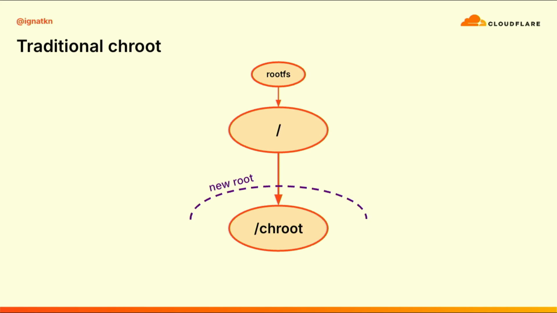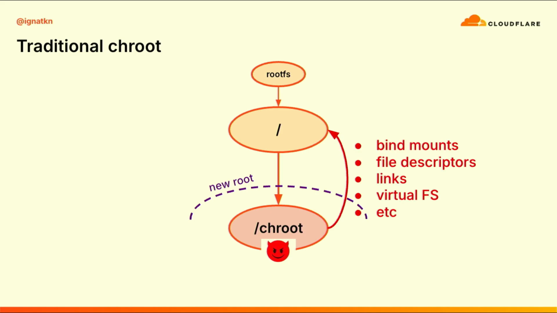If your application is running in this chroot environment, it has limited access to the file system. So if the application suddenly becomes malicious, it should not access the root file system. But in practice, it's very hard to implement properly, and there are still ways an application can escape the chroot environment.